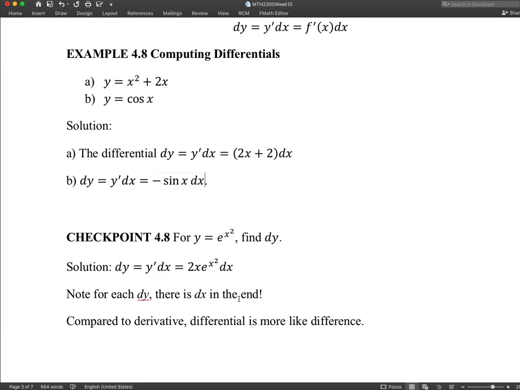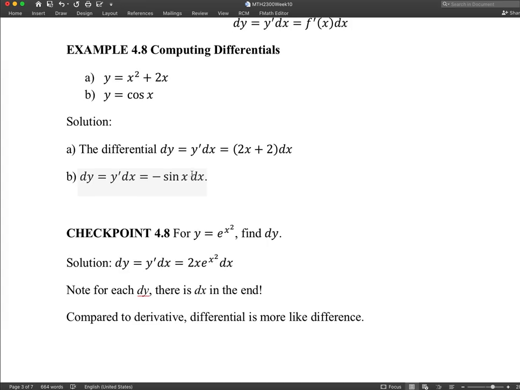And really, the real reason we consider differentials in this part is that we are moving to the discussion of integrals. To write the integral notation, we use dx in the end. And hopefully, if you understand it clearly, dx in the end is a differential. So in the writing of an integral, we also have dx in the end.